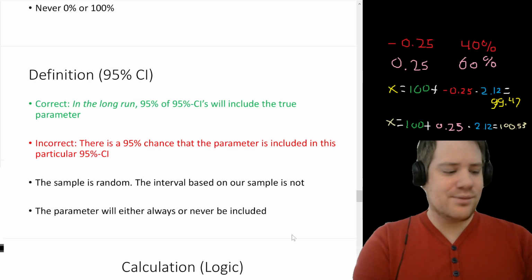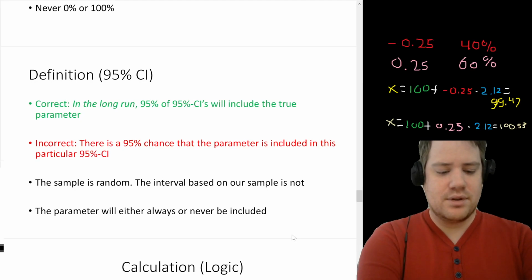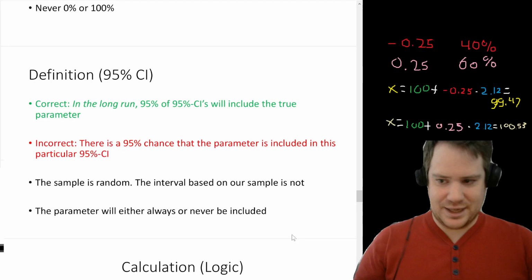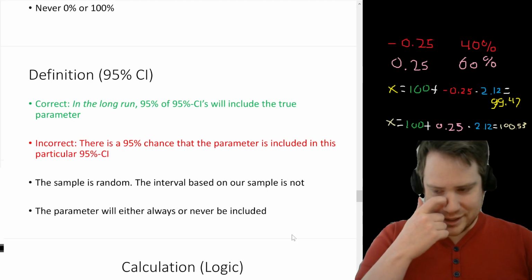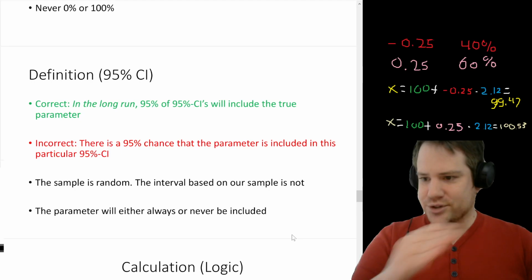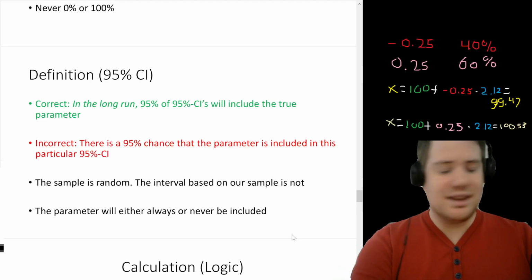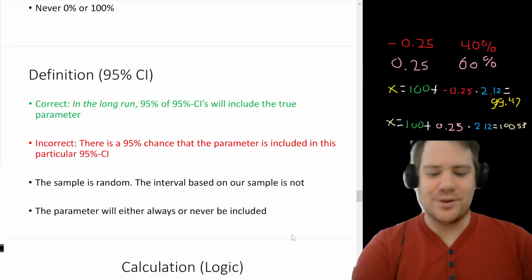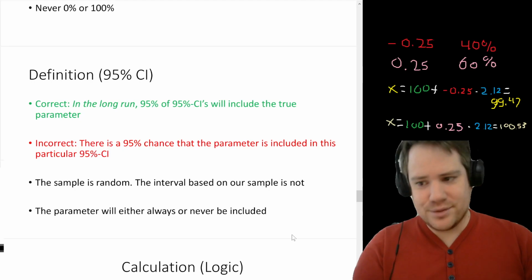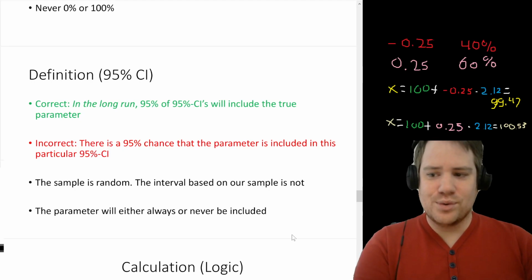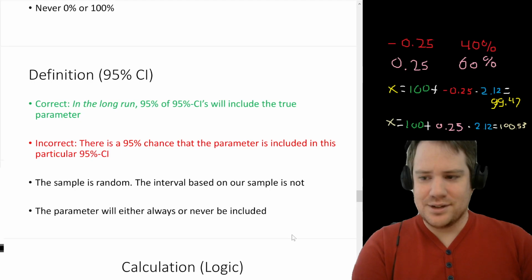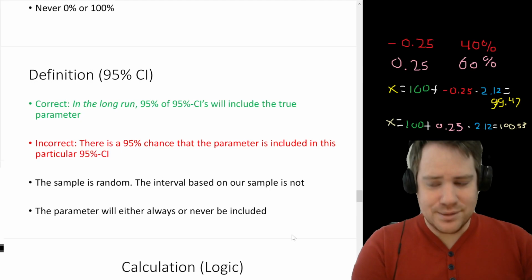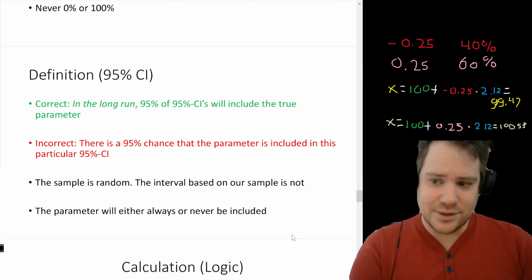However, if I have a class of 100 people and I give all 100 of you a different data set, so that I have 100 samples and each person gets a different sample, and then I ask all of you to calculate a confidence interval, assuming that it's done correctly, then on average, 95 of you will find that the parameter is included, and 5 of you will find that it's not included.